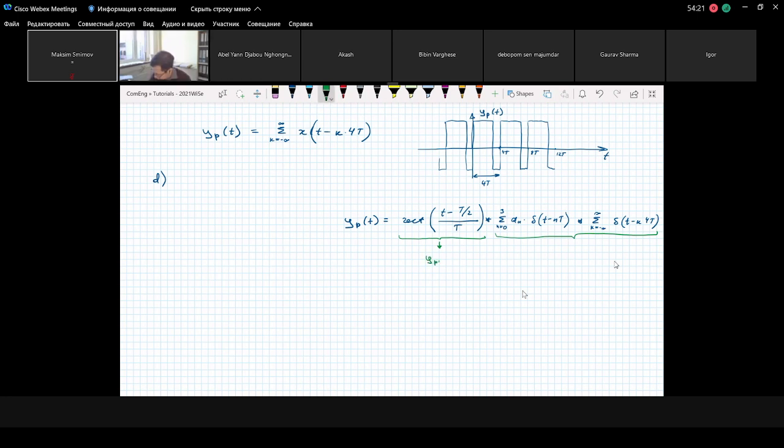Calculate the convolution. And again, we need to calculate a table for all possible shifts.